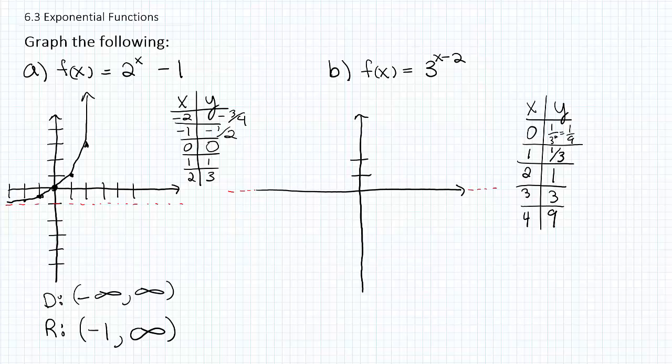1, 2, 3, 4, and we'll do 1, 2, 3, and then 1, 2, 3, 4. Okay, so that's good enough. We don't really need many more places than that because we're not going to use those. But if I have 0 and then 1/9, that's a very tiny place. That's right here maybe, right? And then if I have 1, 1/3, so at 1, we're going up a third.